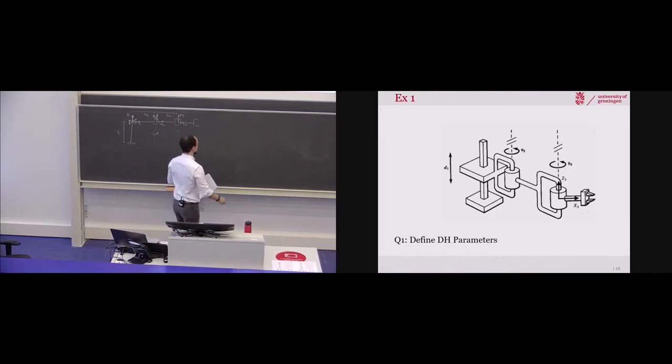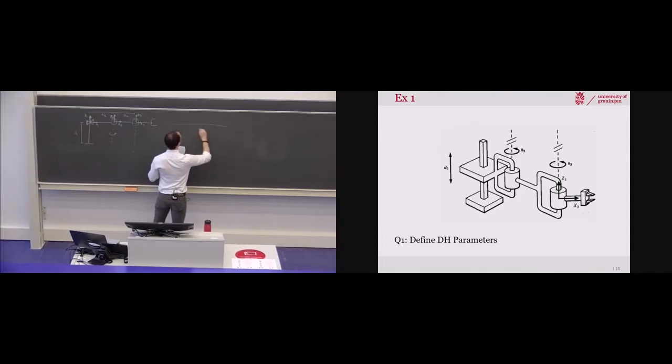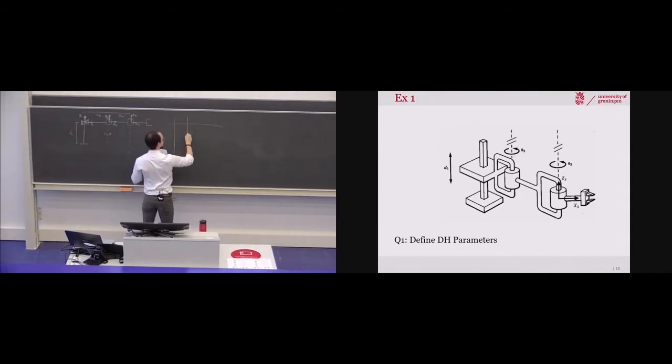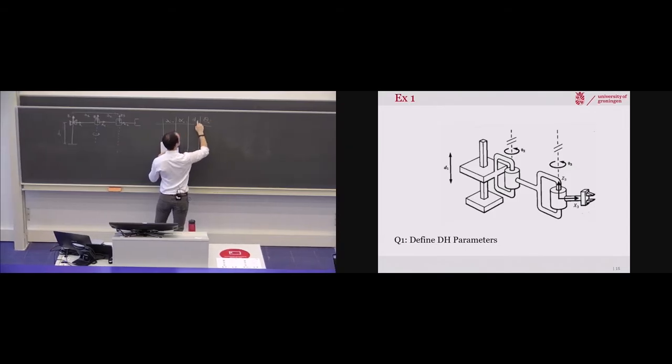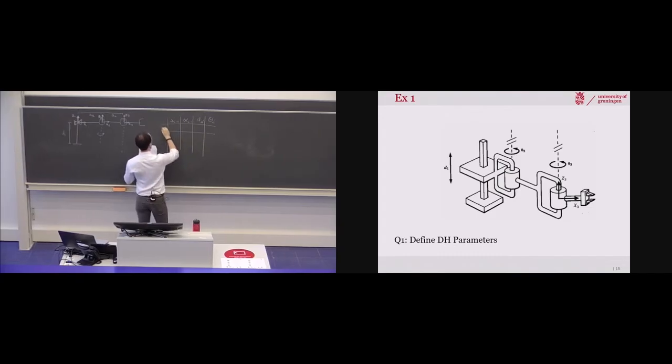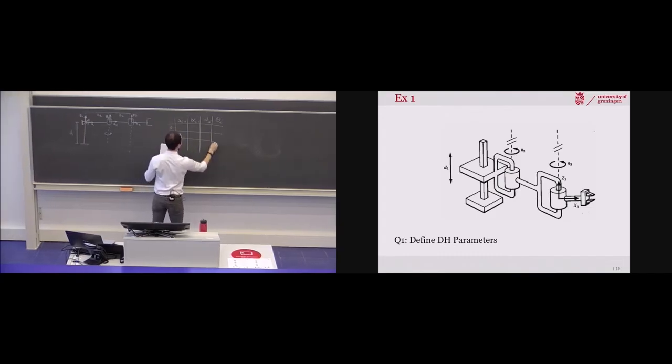Okay? Now we have to describe the DH parameters, as you can see in the slide. So for the DH parameters, we can do the usual table: 1, 2, 3, and 4. Now here you have a of i minus 1, then alpha of i minus 1, then d i and theta i. Now you have frame 1, 2, and 3.